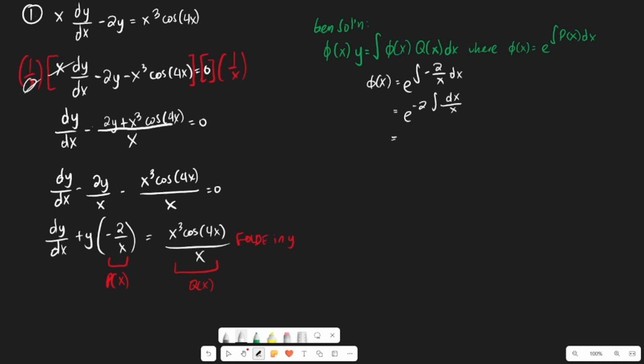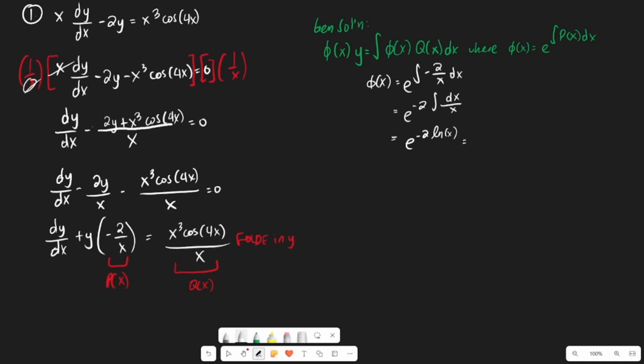Now this is equal to e raised to the negative 2 ln of x, which when we simplify, we use the property of the logarithm that if we have a constant multiplied to the ln of an argument x, then the constant becomes the exponent of that argument inside ln.